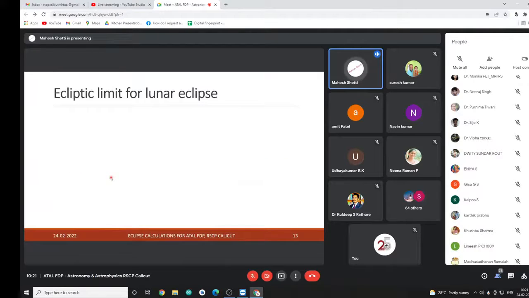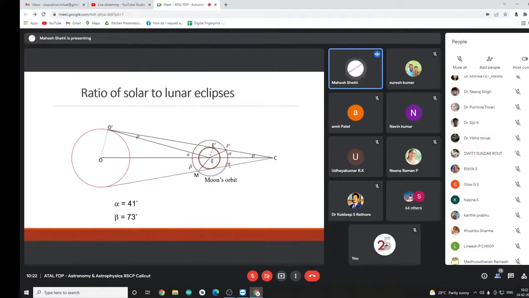Let's calculate the ecliptic limit for a lunar eclipse. So again here the ecliptic is shown, but now you are looking in the opposite direction. You are not looking at the sun, you are looking at the Earth's shadow region. How much is the size of the Earth's shadow at the distance of the moon's orbit? Let's go back to our earlier slide. We see here that this is the Earth's shadow and this is the moon's orbit.